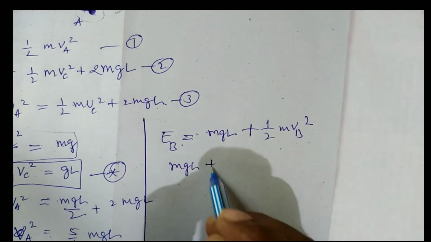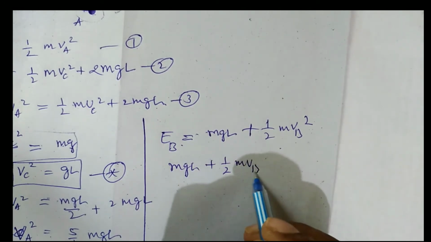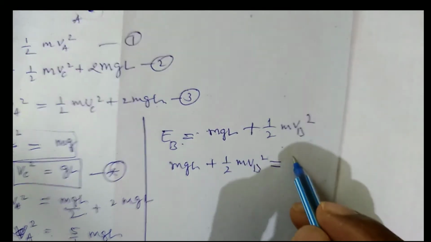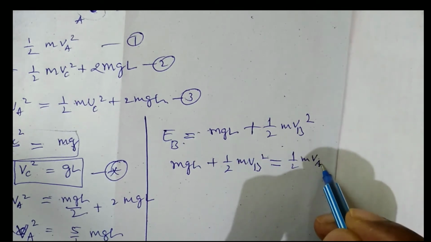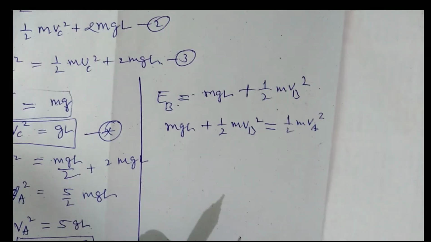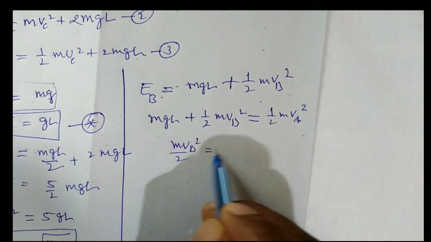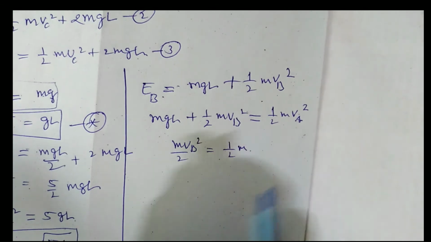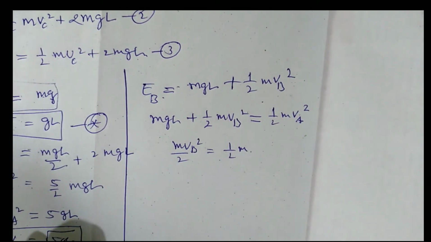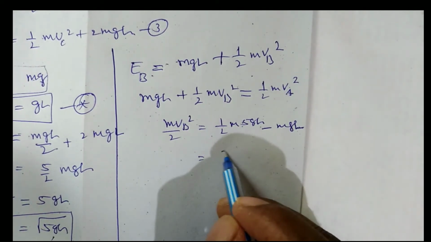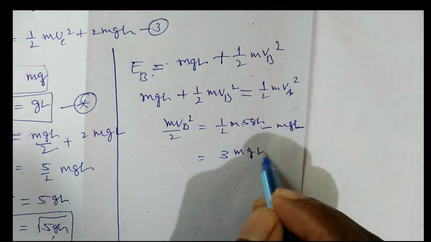This energy equals the energy at the start, half mv_A square. Now for v_B square, half mv_B square equals half mv_A square, which we found to be 5gL, minus mgL, so you are going to get 3mgL by 2.